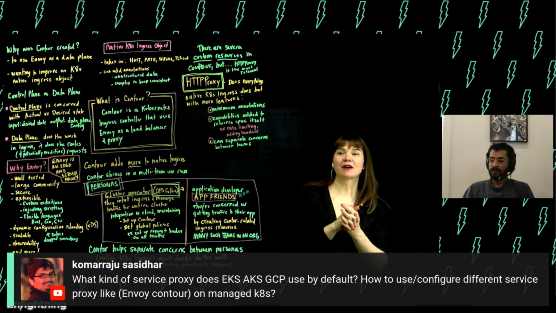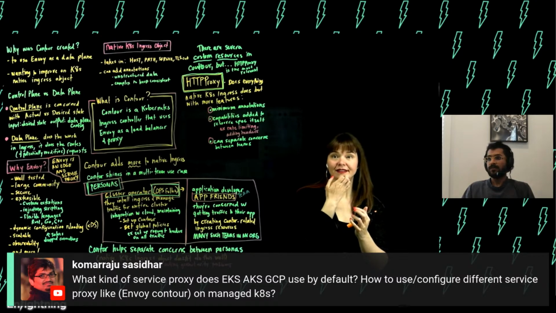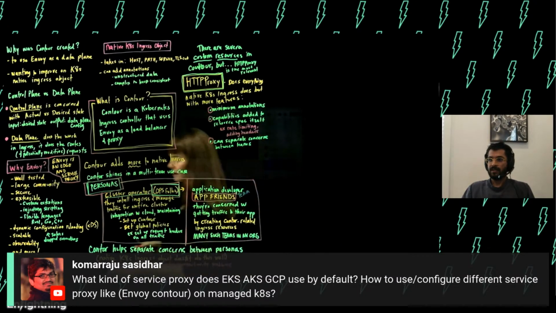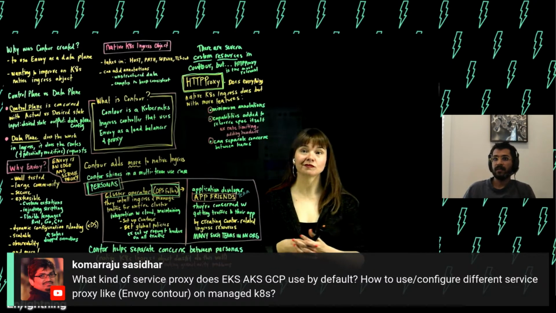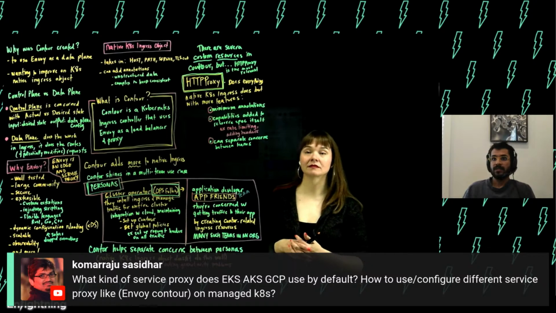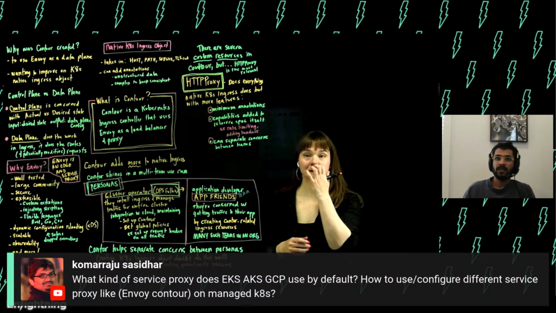What kind of service proxy does EKS, AKS, GCP use by default? And how do you use and configure different service proxies like Envoy, Contour on managed Kubernetes? Yeah, so the second part of that question, how to use and configure different service proxies, that could be just installing Kubernetes resources via a YAML manifest.